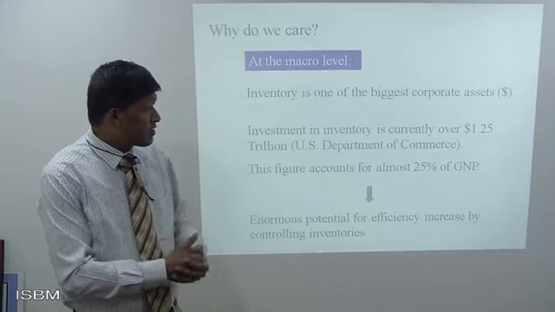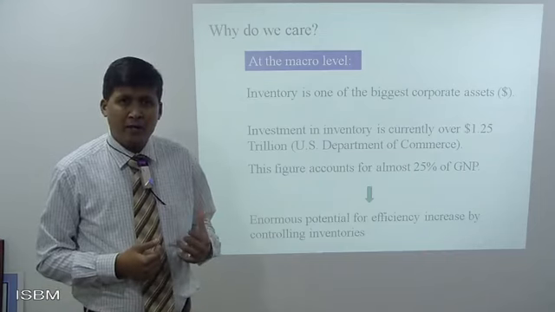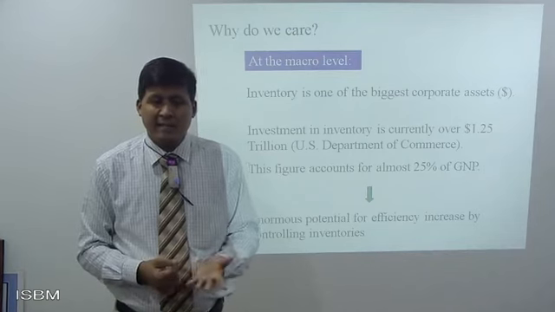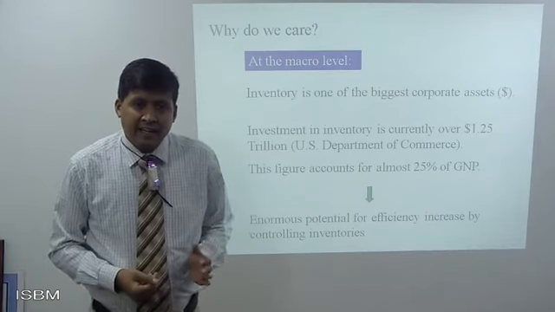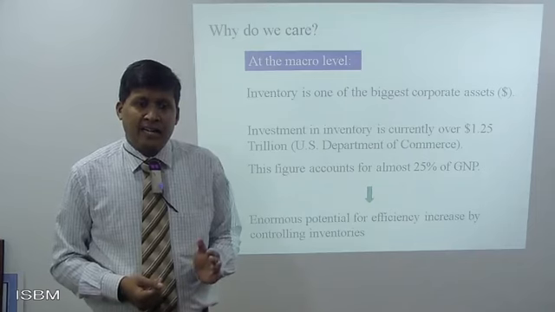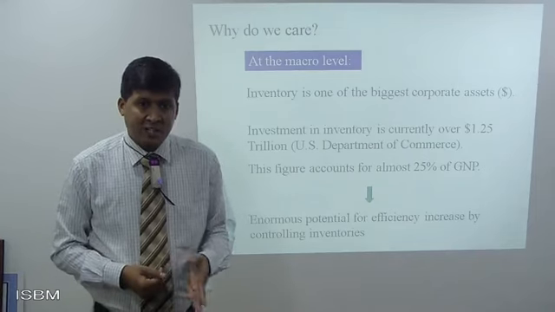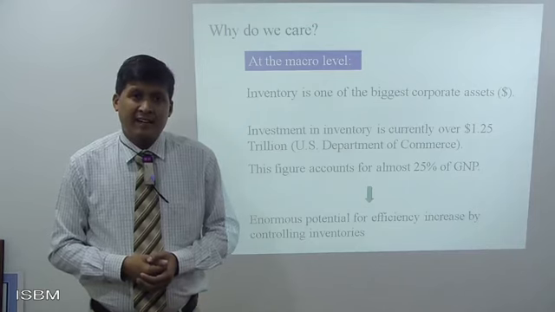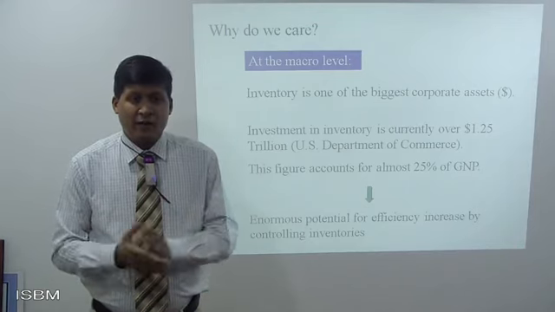And if you see, investment in inventory is about $1.25 trillion in the US. Let me tell you, the Indian economy at this point of time in 2018 is a $1 trillion economy.